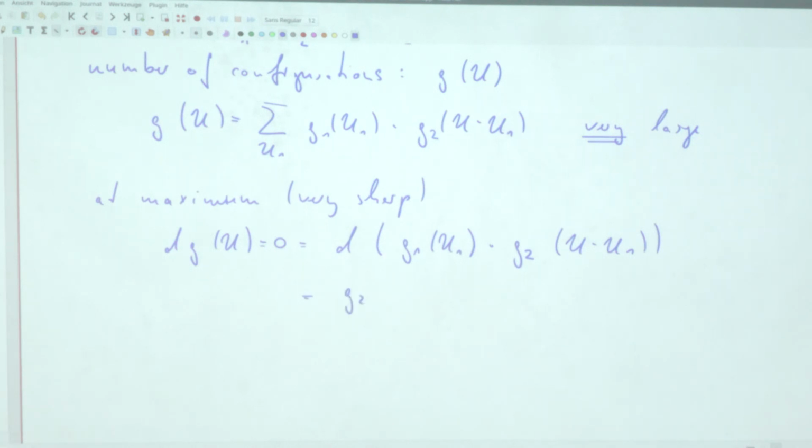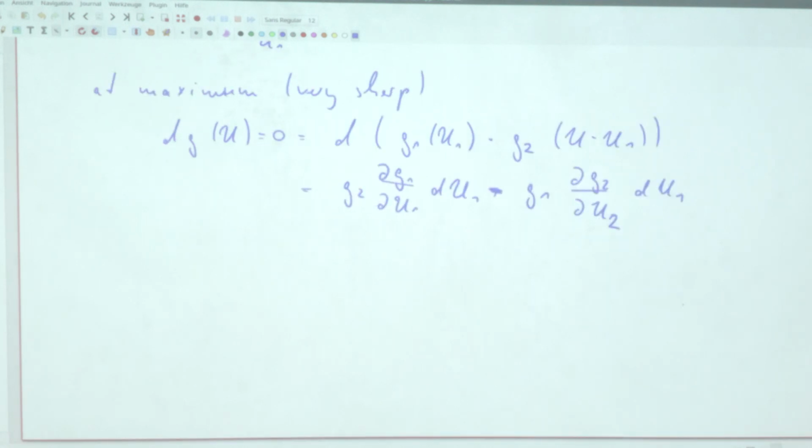So this is G2, dG1 du1 plus, no, minus, sorry, because of the minus sign here, G1 dG2 with respect to du1 again. So du2 is minus du1. That's where this minus sign comes from.